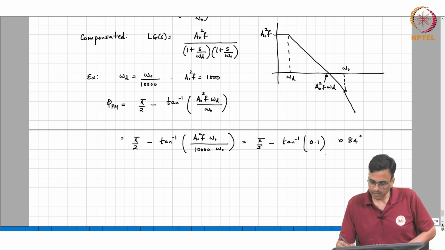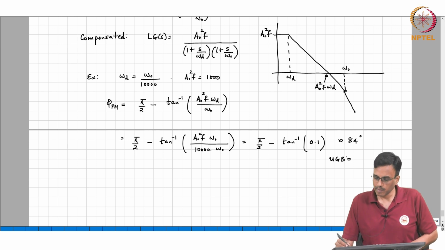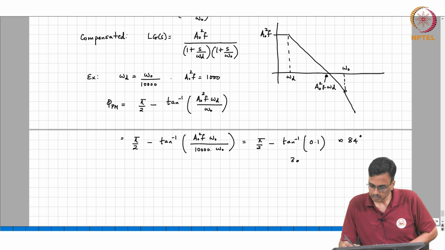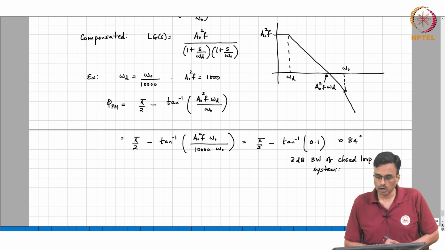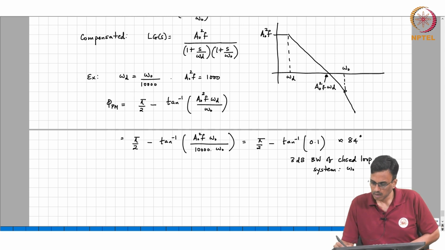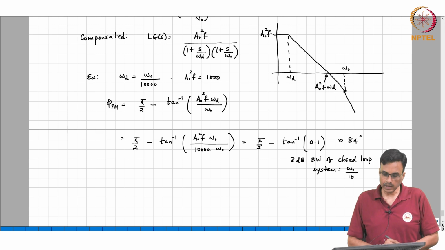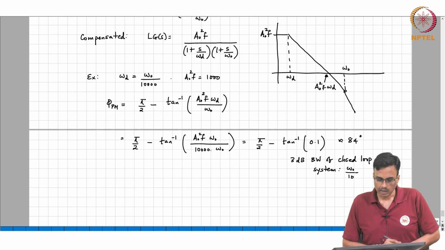And what is the unity gain bandwidth, or the 3 dB bandwidth, of the closed loop system in terms of omega naught? Or in terms of omega d, it is omega naught by 10, correct, okay.